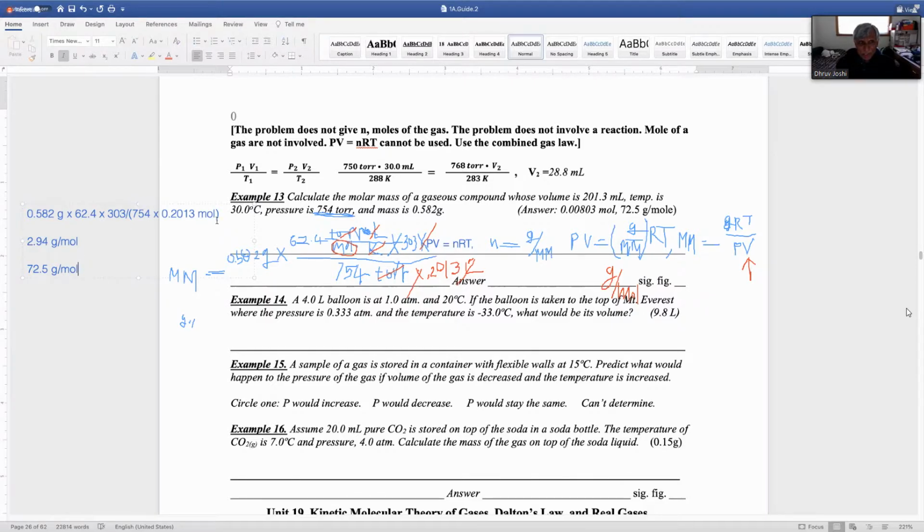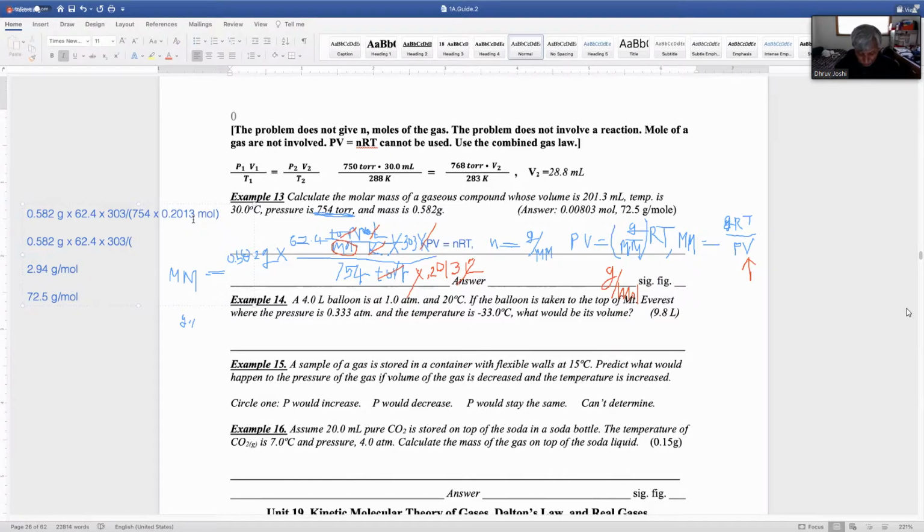Because this is in the denominator, and this multiplication is actually, you are supposed to multiply this together and then divide. So if we want to simplify this, we have to do this. 0.582 grams multiplied by 62.4 multiplied by 303 divided by, now what you're gonna do here, you're gonna multiply 754 with 0.2013.